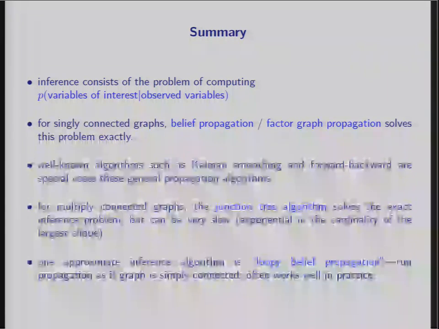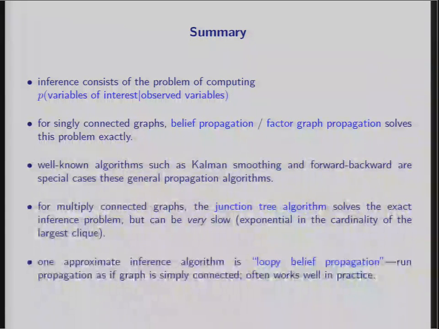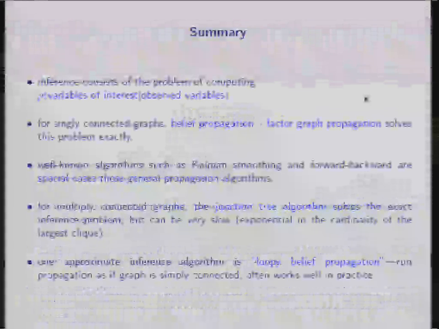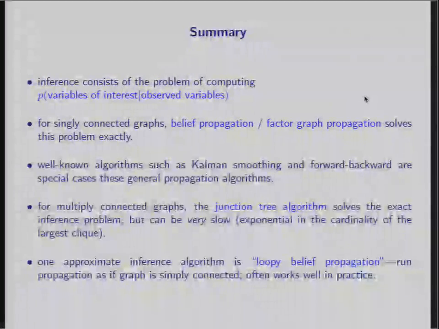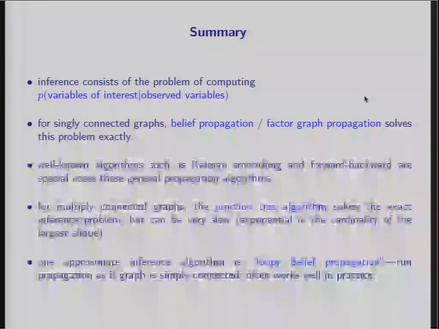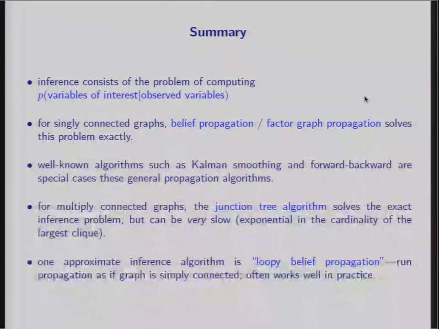That can be very slow because that conversion of your multiply connected graph into a singly connected graph over supernodes could be kind of expensive. It could end up with supernodes with exponentially many states in them.